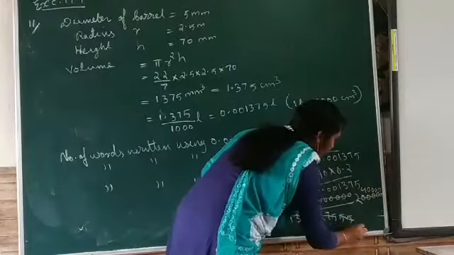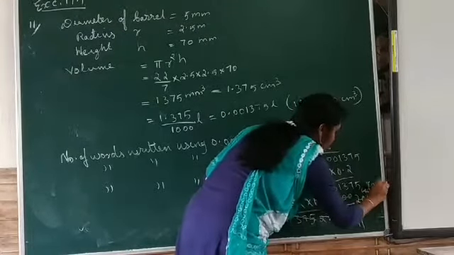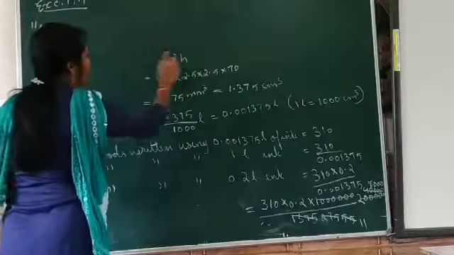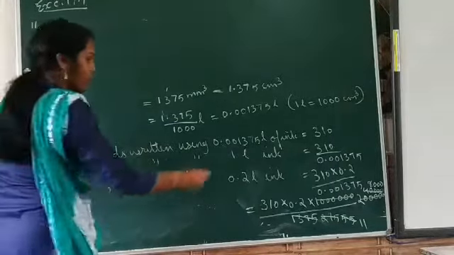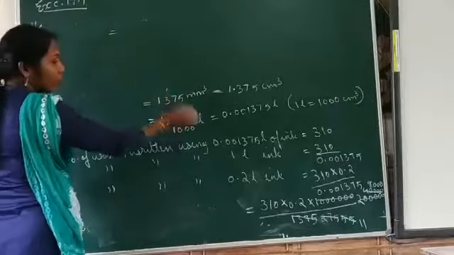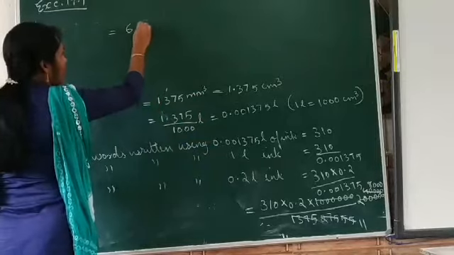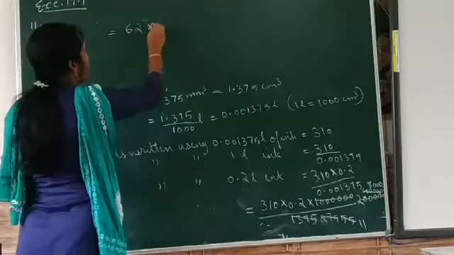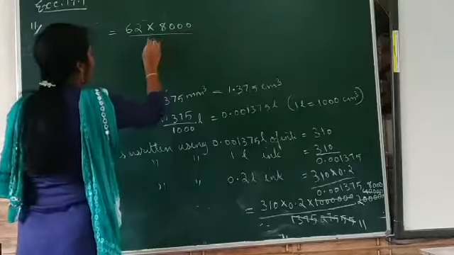Again by 5 we get 11 and here we get 8,000. So here it is simplified, that is equal to 310 into 0.2, that is 62, 62 into 8,000 divided by 11.